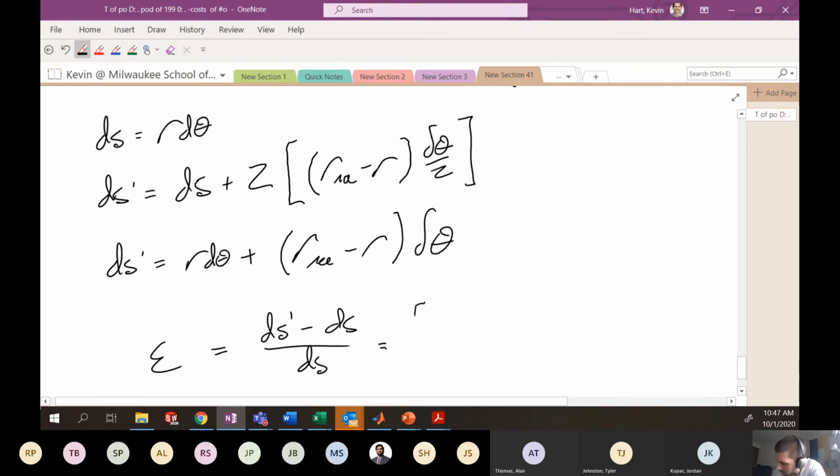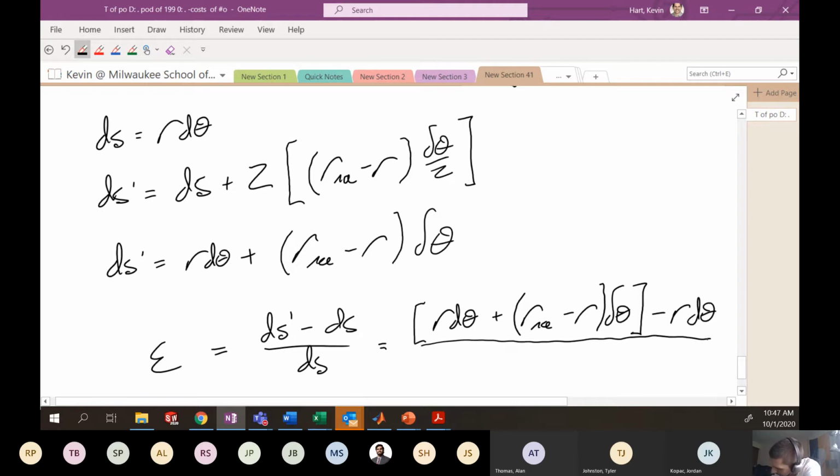Here we're going to have our expression for the final length, which is r d theta plus neutral axis location minus r delta theta, all minus the original length, which is r d theta, all over the original length, which is r d theta.